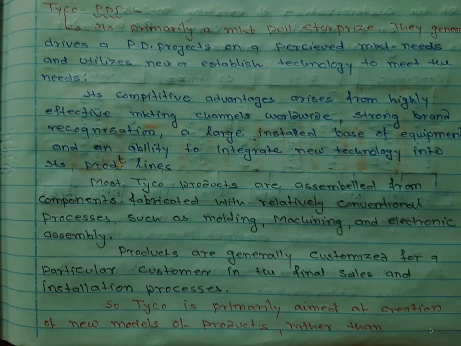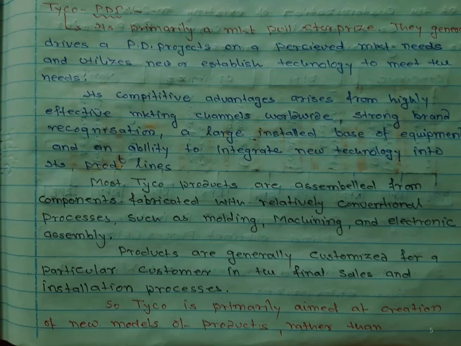They have the worldwide marketing channels, strong brand recognition, a large installed base of equipment, and the ability to integrate new technology into its product lines. Most Tyco products are assembled from components fabricated with relatively conventional processes such as molding, machining and electronic assemblies.